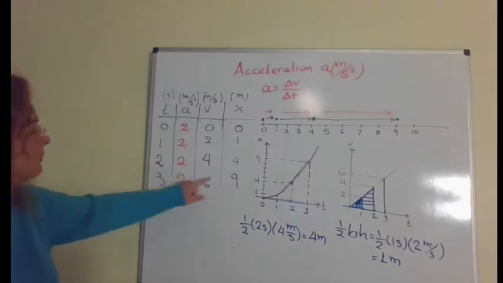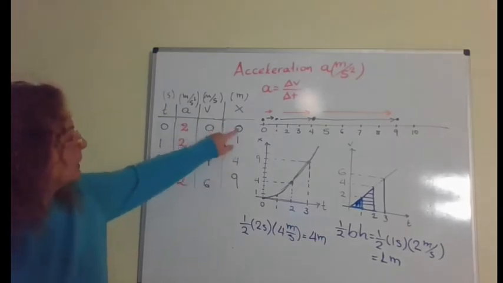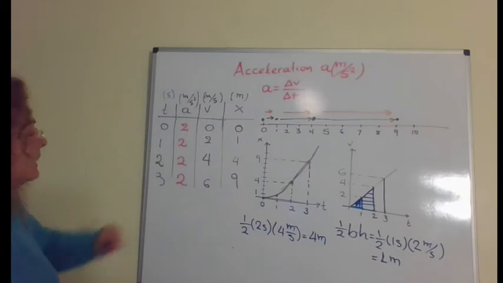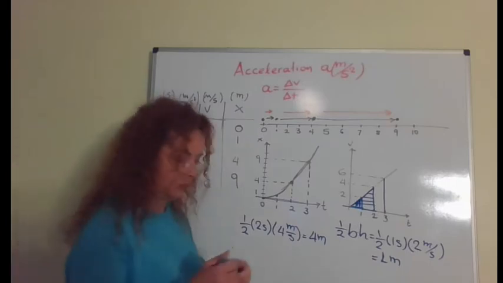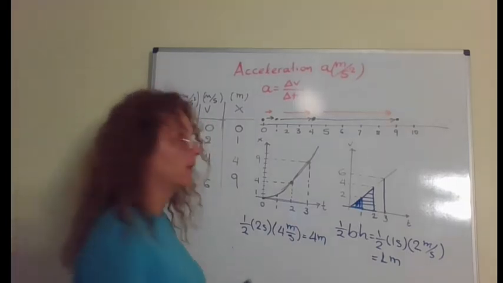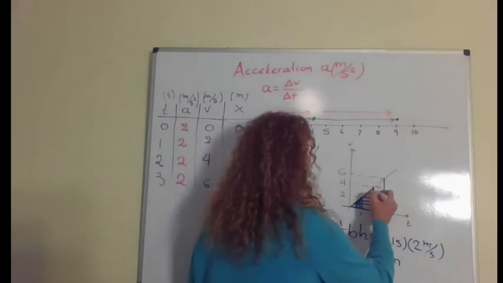Now, if I wanted to find the displacement from the initial position for the first 3 seconds, I would need to find the area of the big triangle.